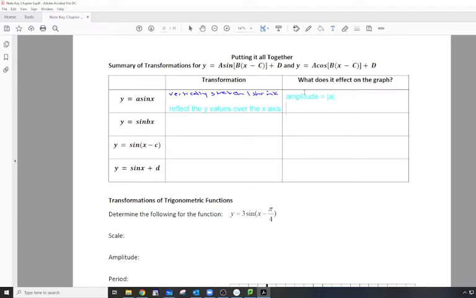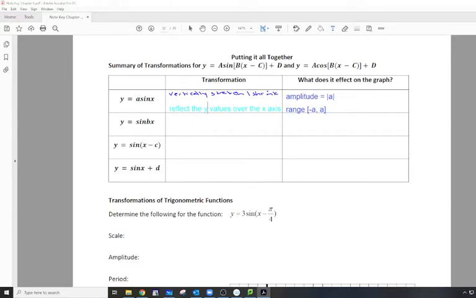At this point, it can also affect the range. For a normal sinusoidal function, it goes from -1 to 1, but if you change that amplitude, then your range simply goes from -A to A.